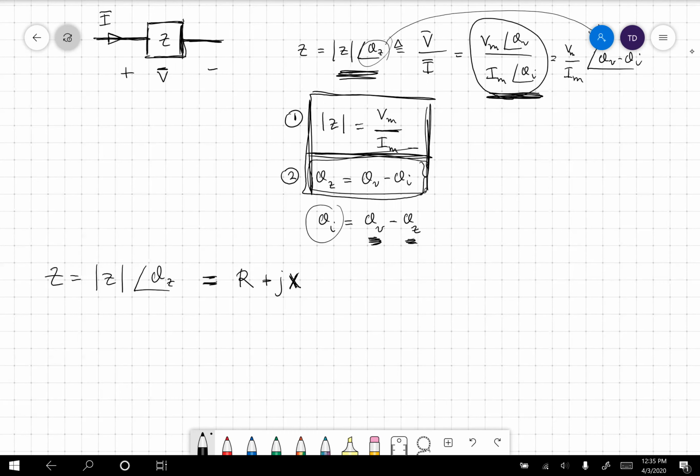R is obviously equal to the real part, and we know that the real part of an impedance is the resistance. It's where the resistors play a role. So it's the real part of Z, and we call that the resistance.